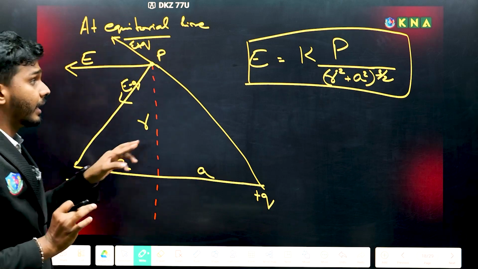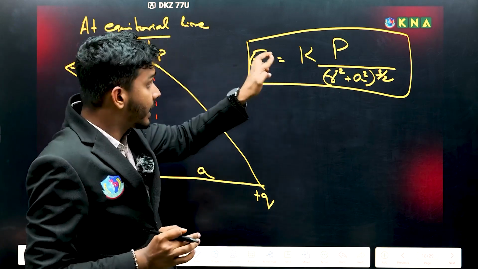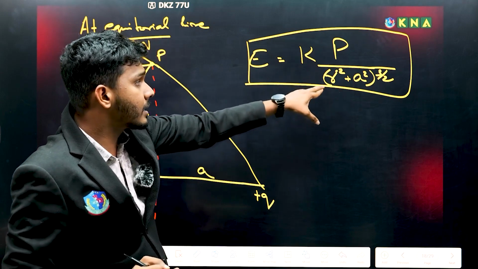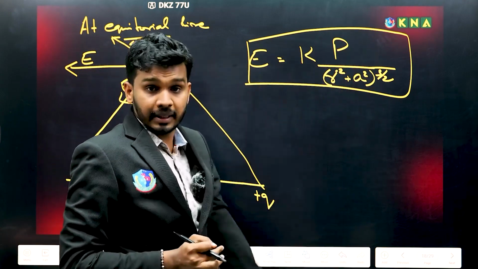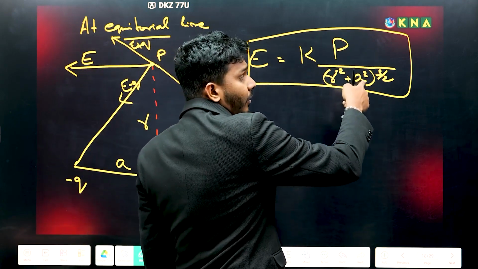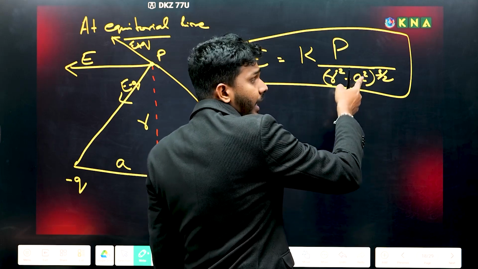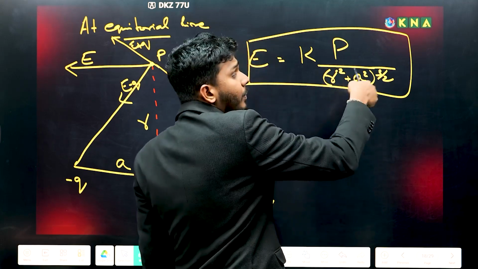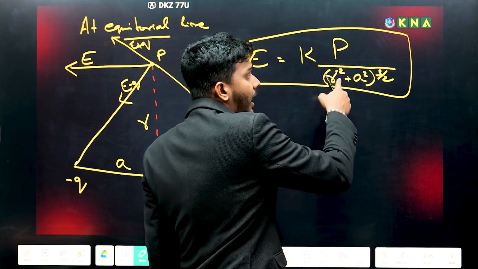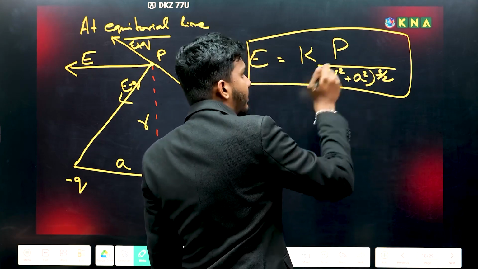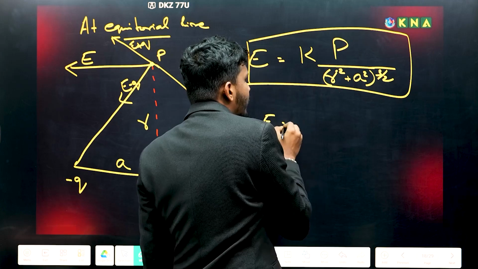At the equatorial line, electric field is equal to K into P by (R square plus A square) the whole power 3 by 2. Here, for a small dipole, A is 0. So R square is there, the 2 cancels, and it becomes R cube.